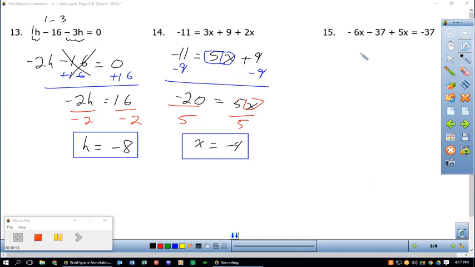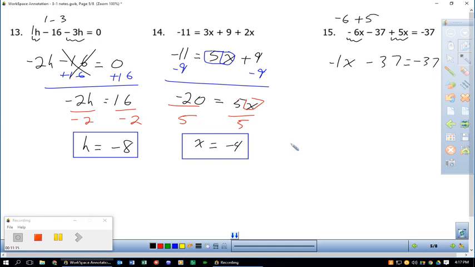Number 15, -6x plus 5x. -6 plus 5, that's -1, so -1x minus 37 equals -37. We want x by itself. In this case, those two are attached, so we need to add 37 to both sides, doing the opposite.